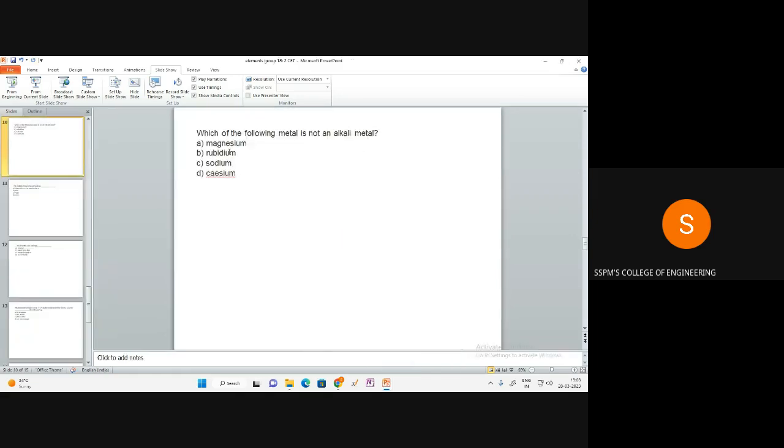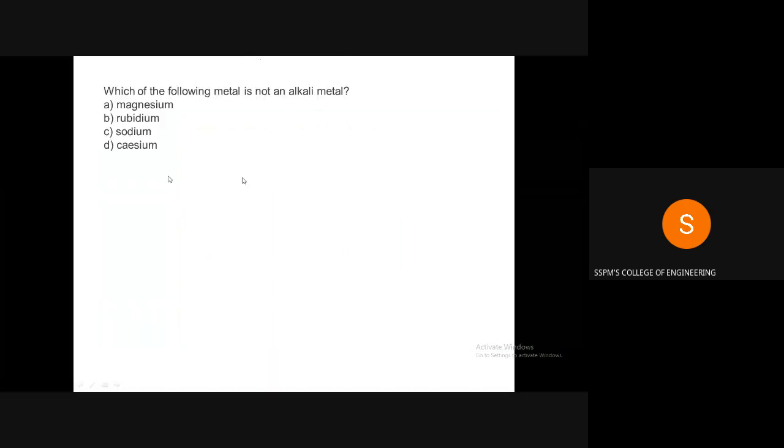Now the correct answer is magnesium. Magnesium is not an alkali metal. It is an alkaline earth metal. So magnesium is called an alkaline earth metal, not an alkali metal.